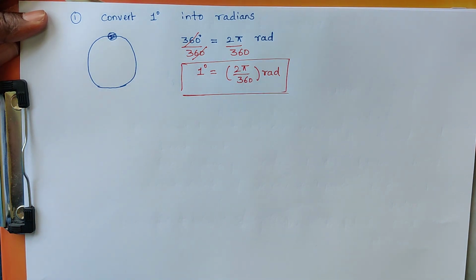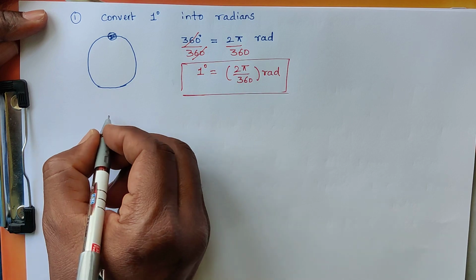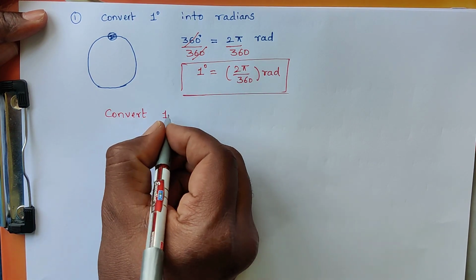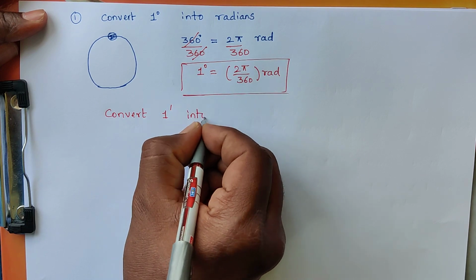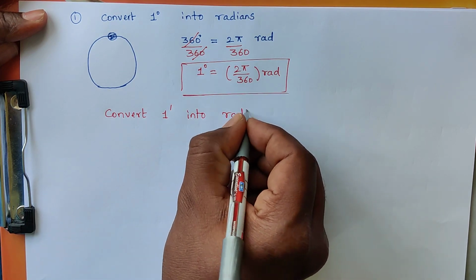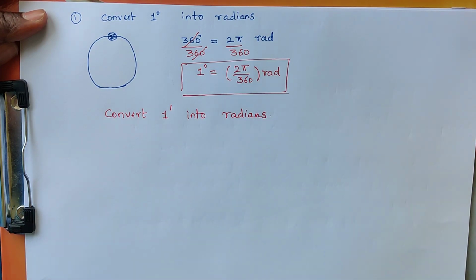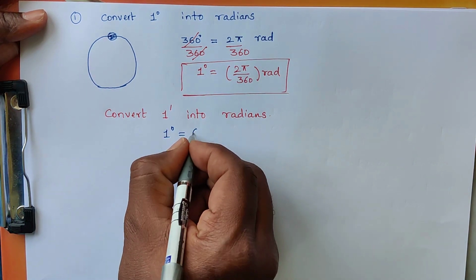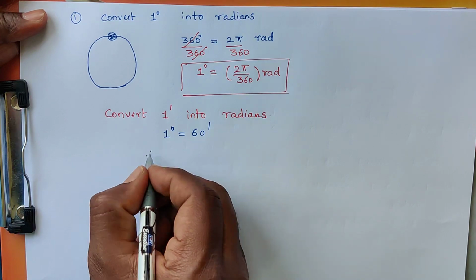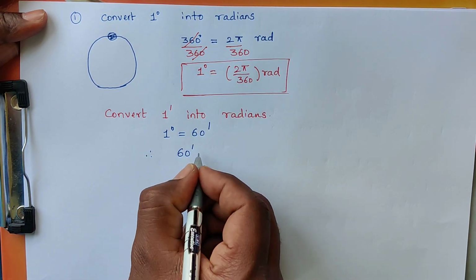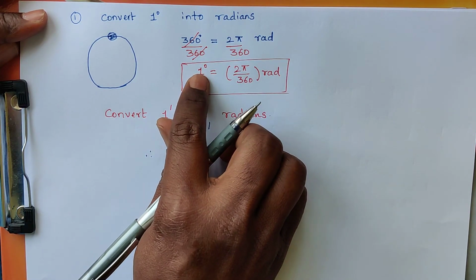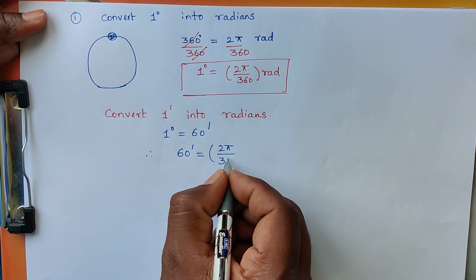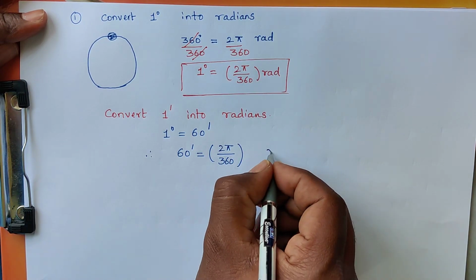Similarly, one more question: convert 1 minute into radians. We know 1 degree is equal to 60 minutes. Therefore, 60 minutes equal to 1 degree, which is how much in radians? 2 pi by 360 radians.